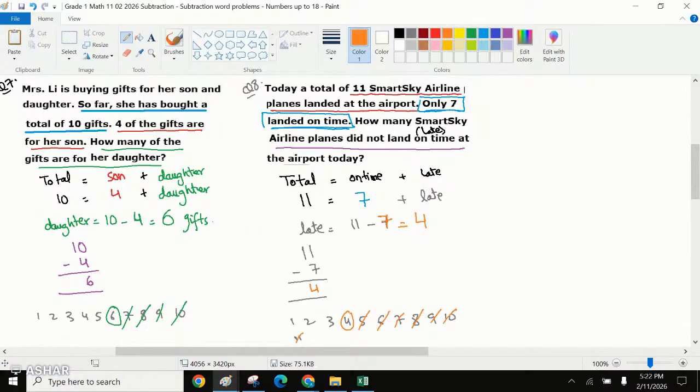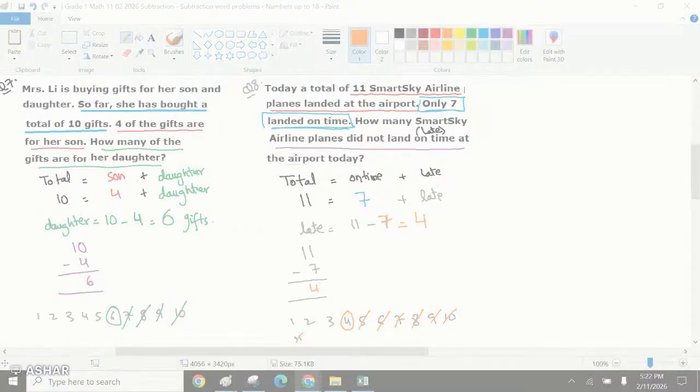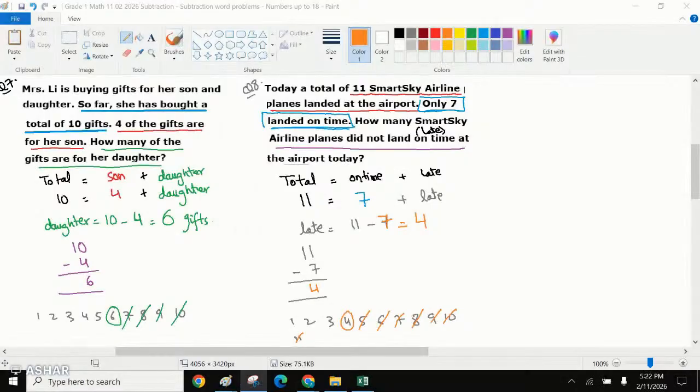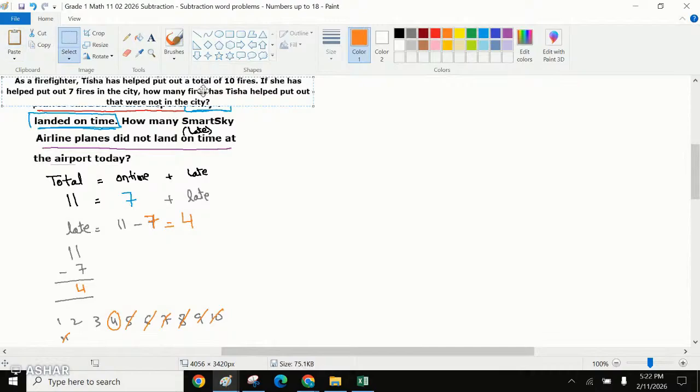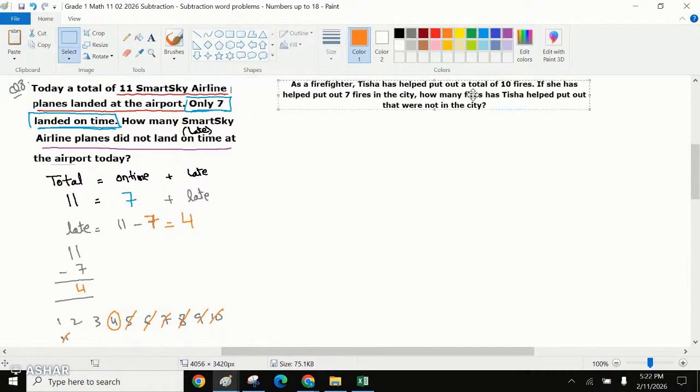Let's go to the next question. Let me just copy the next question. I hope there is no misunderstanding with this and there is no confusion. Okay, so the next question says, as a firefighter, Tisha is helping out to put out fires. She helped to put out 10 fires in the city.